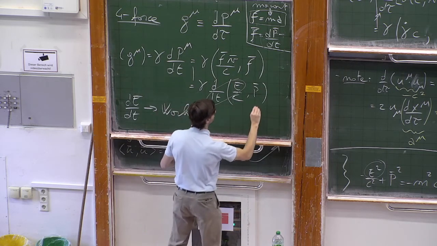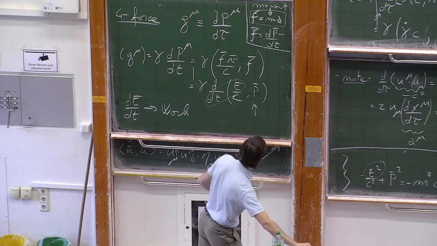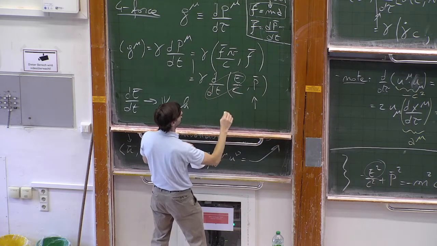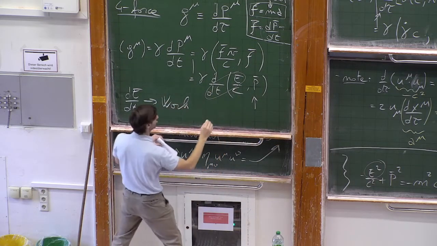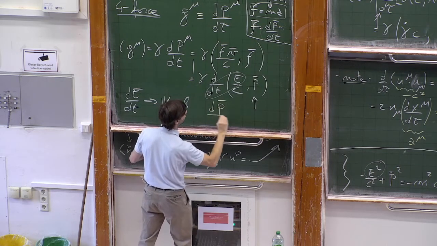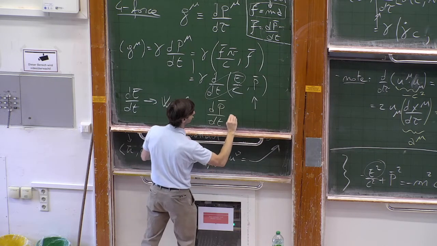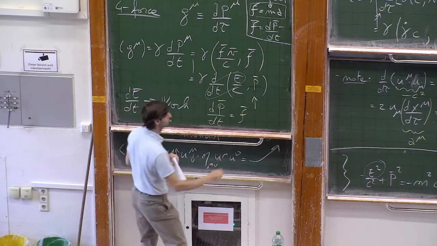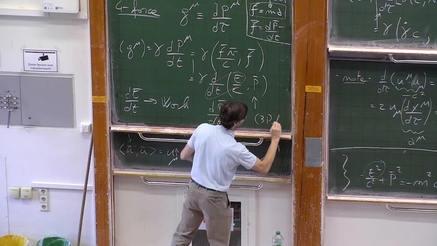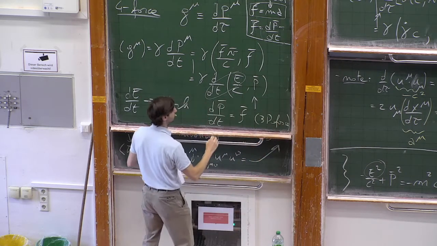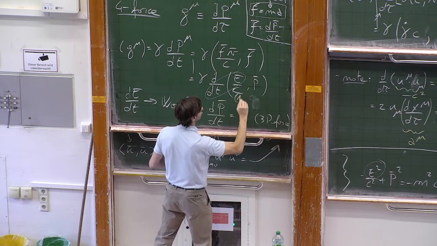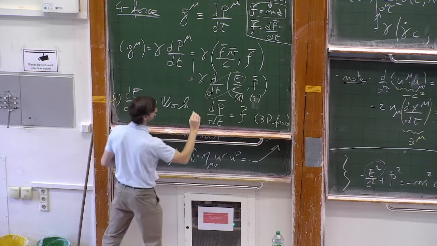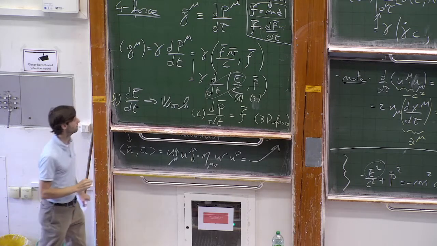So you have the standard time derivative. You see we have the dp over dt, which is the standard force, the three-dimensional force. This is 1, and this is 2.